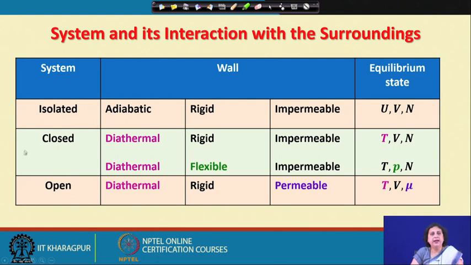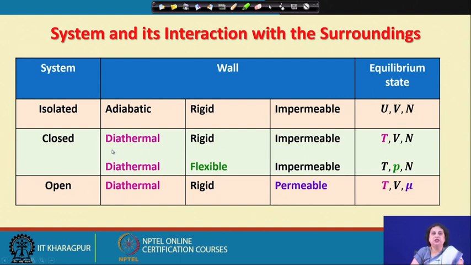On the other hand, when I have a closed system, I may design the wall to be diathermal, which means it allows exchange of energy between the system and the surrounding. If I keep this wall rigid and impermeable still, then what do you think would be a good description of the equilibrium state?